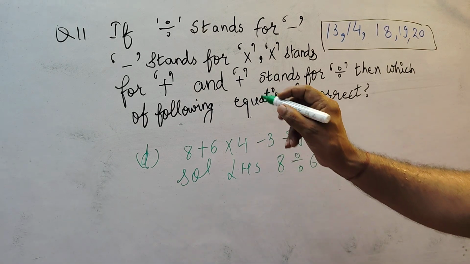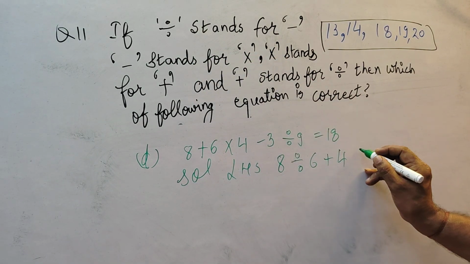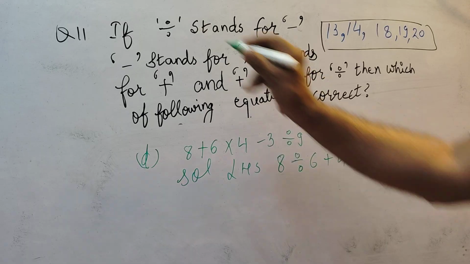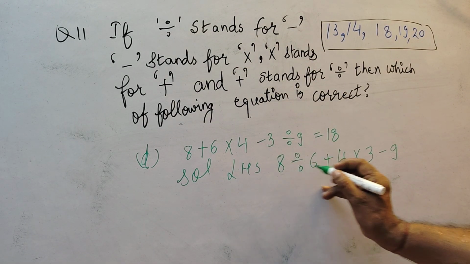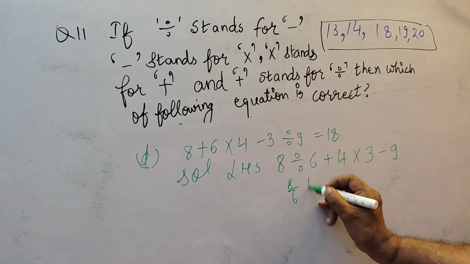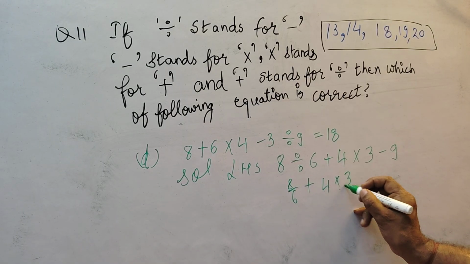Now minus is replaced with multiply sign, and divide is replaced with minus sign. Now 8 divide 6 plus 4 multiply 3 minus 9.